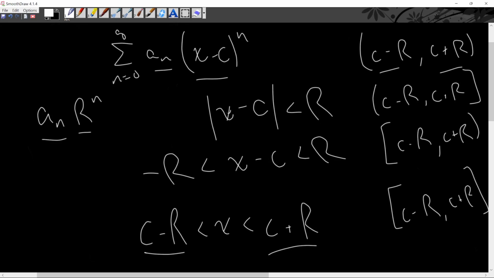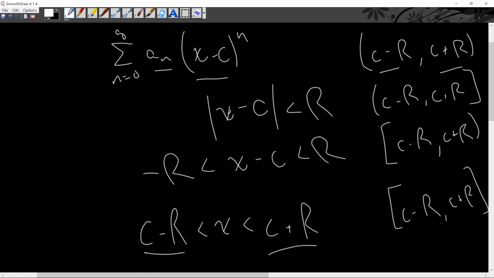We have an a, we have an r, and the r is being raised to an n. So depending on what this value is, this value acting as our common ratio, this whole series can converge or diverge, depending on whether r is greater than 1 or not, or just depending on what's happening in that situation.